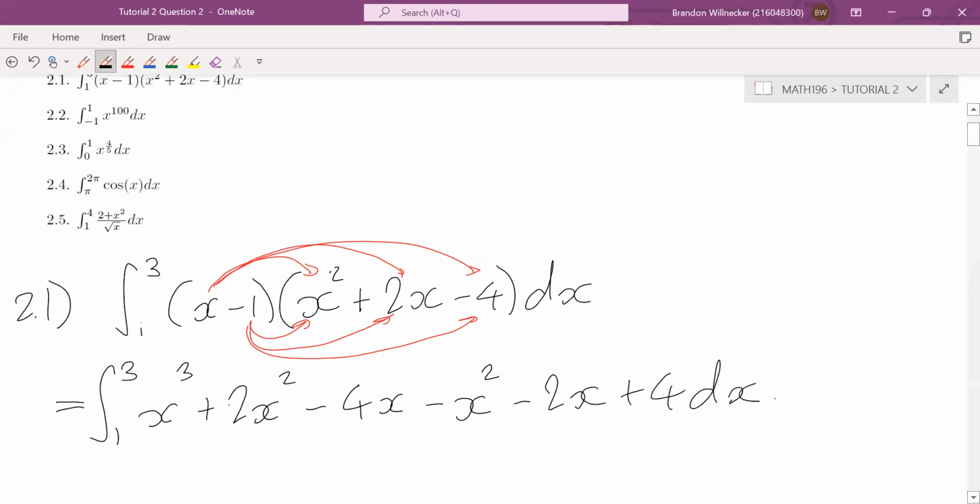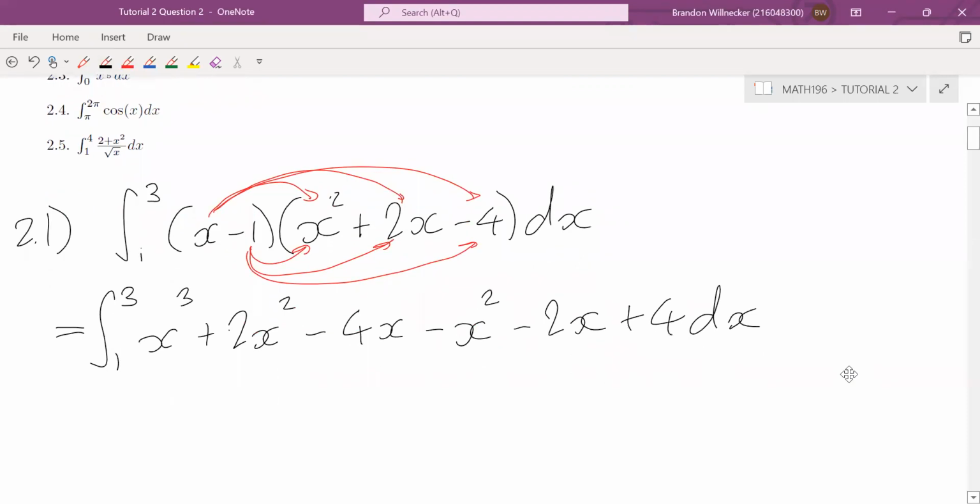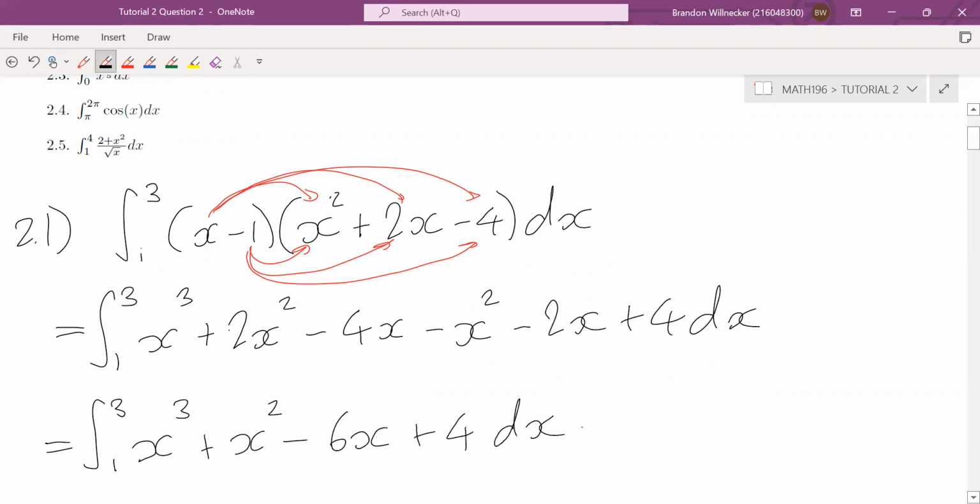Everything is a nice polynomial integrand, so we can deal with that. Let's collect the like terms. So we're going to get x cubed plus x squared minus 6x plus 4 dx.